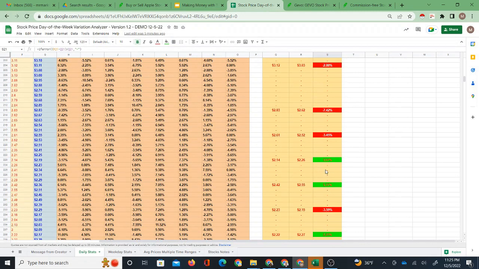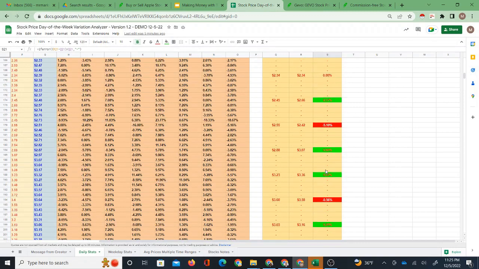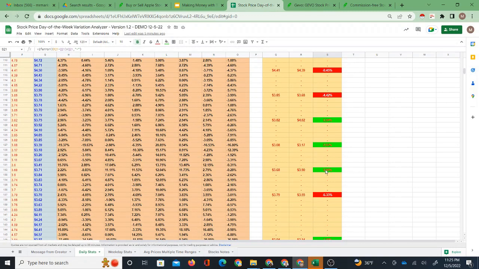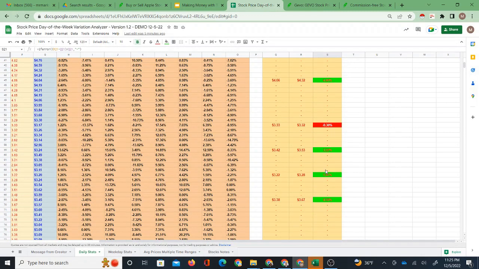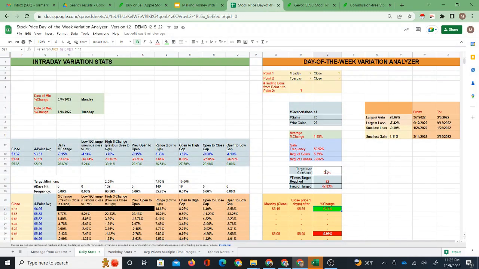Somewhat of a variety of numbers, but we do see, considering that it's a short space of time, being 1 day, some pretty significant, large numbers for that short time. So that's basically what this does. Now, to summarize things, it's telling you the average of all of these numbers down here. How do they average out?